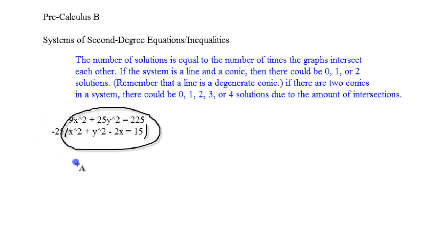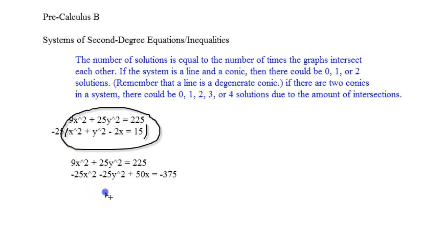So I'm going to take 9x squared plus 25y squared equals 225, and I'm going to subtract 25x squared minus 25y squared minus 50x equals negative 375.